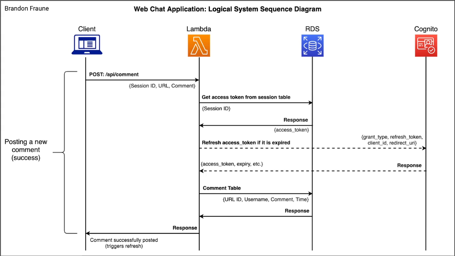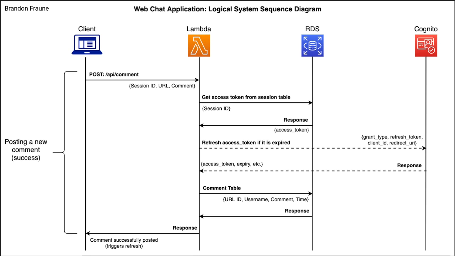We're going to first get the access token from the session table to make sure we have a valid user. If the access token is expired, then we'll try to get the refresh token from the RDS and send that information to the Cognito, and we'll get a response of another access token, which is not expired, hopefully, and we can decode the access token.